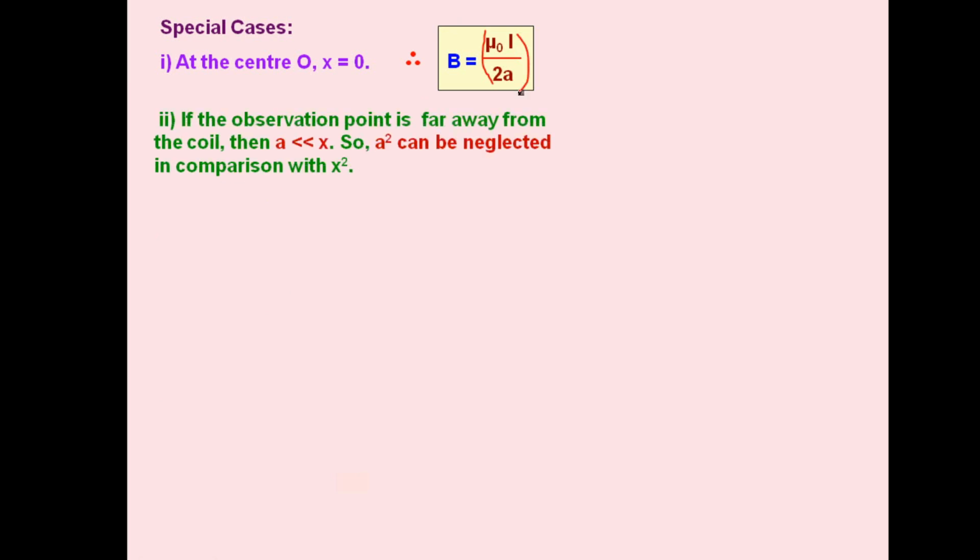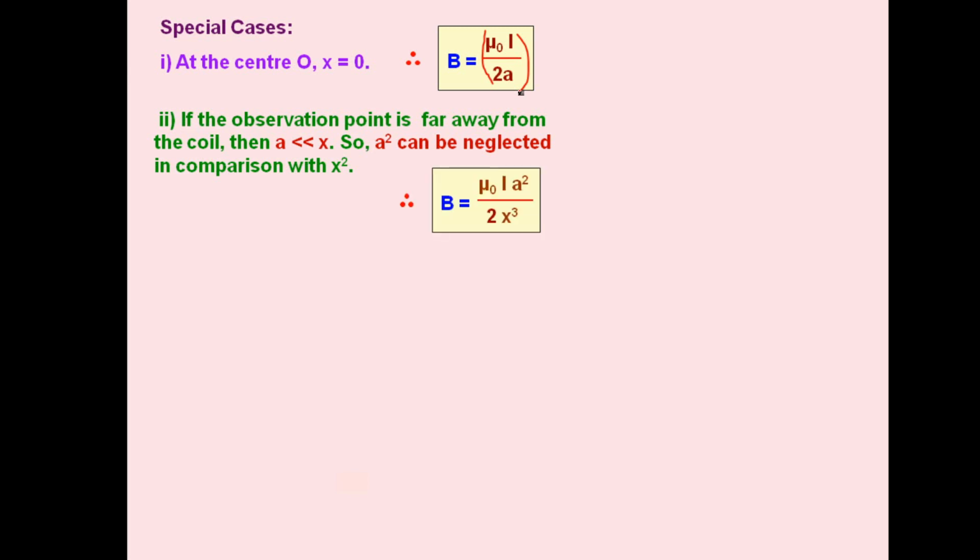Okay. So now coming to the special case, if we consider the point P at the center, the distance x will be 0. Putting x as 0 in the formula, we will get mu naught I upon 2r or 2a, where a is the radius. If we consider the observation point far away from the coil, then a is much less than x. So a square can be neglected in comparison with x square.